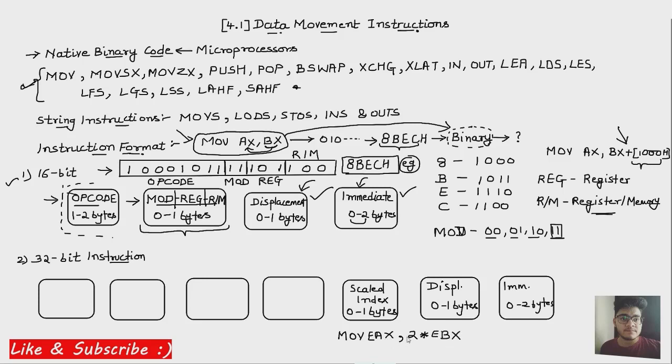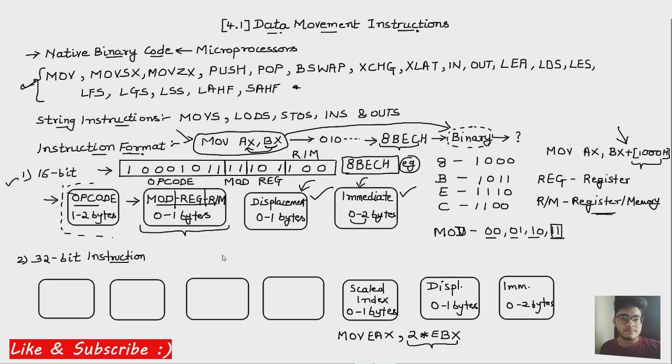Now this type of instruction is known as scaled index addressing, because you can see the source is twice EBX, right? So we have scaled it 2 times. Similarly, we can scale it 3 times. So instead of using immediate address or displacement, we are using scaled.